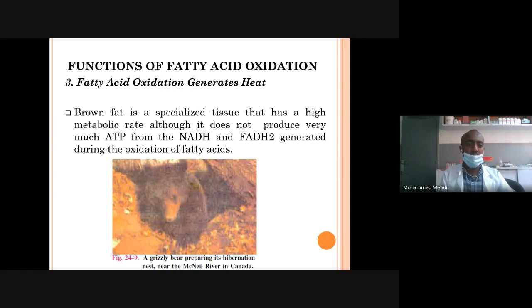The protons which are accumulated between the inner and outer membrane of mitochondria will be leaked into the matrix without going through the ATPase channel. Normally, this proton will return back to the matrix through the ATPase channel, but during thermogenesis, protons will be leaked into the matrix rather than through the ATP synthase channel.